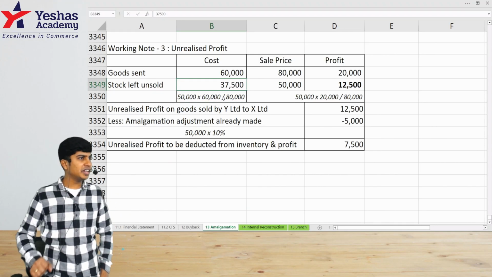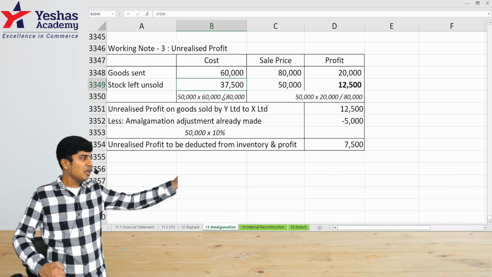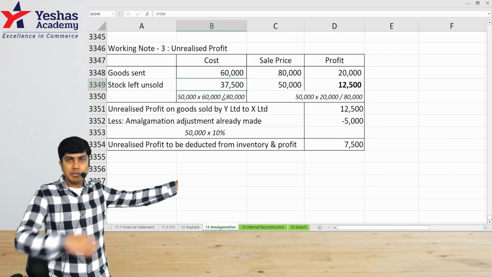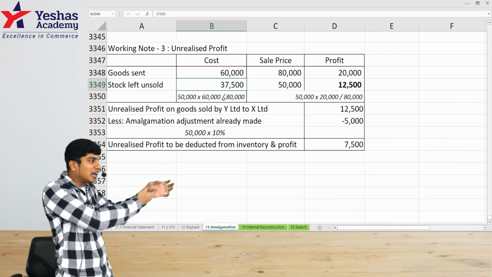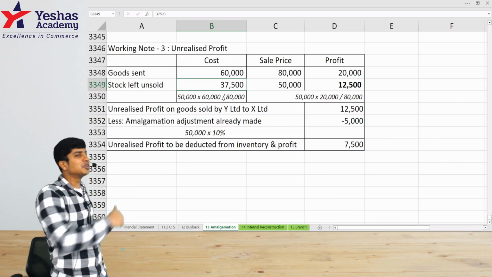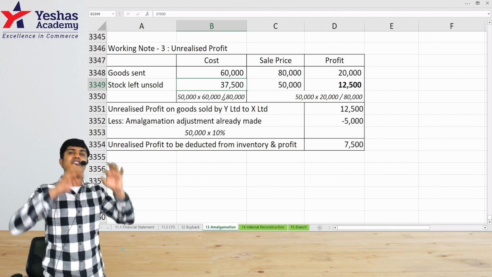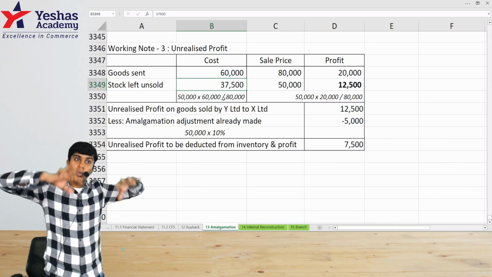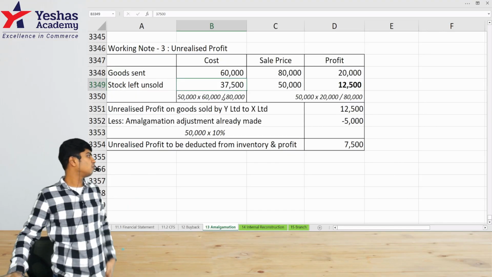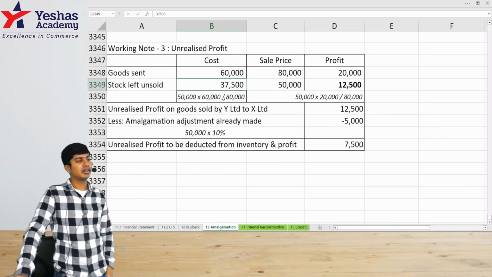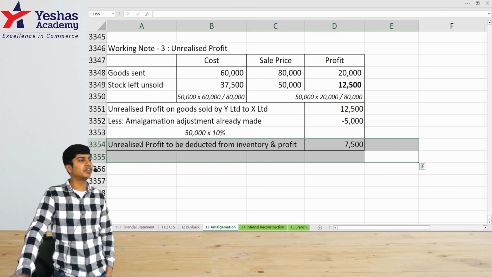So cost of the inventory is 37,500 and selling price is 50. That 50 in X Limited balance sheet, when I'm taking it to mine, I've already done the minus 10%. It's already become 45. 45 will be reduced to 37,500, not 50 to 37,500. 50 to 37,500 is the reduction totally. Already 5 reduced in agreed value computation. How much is the reduction? 45 to 37,500, 7,500. 7,500 is the unrealized profit.